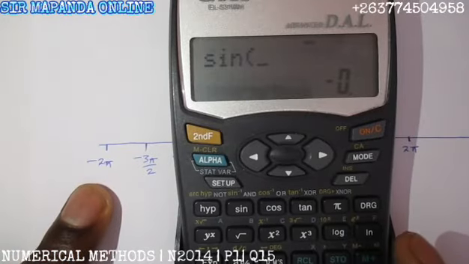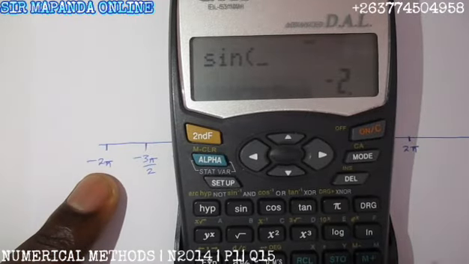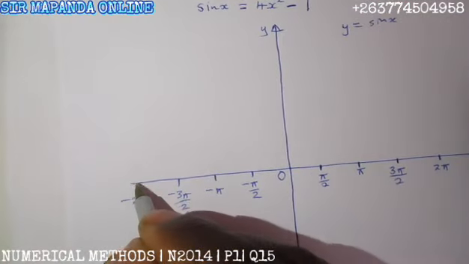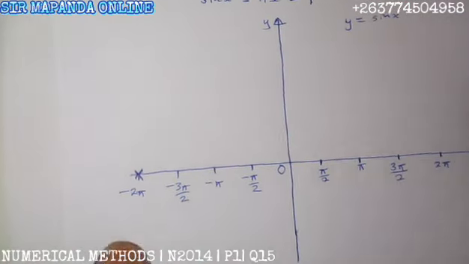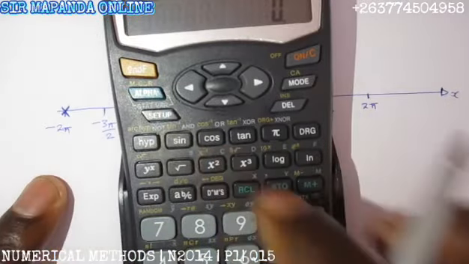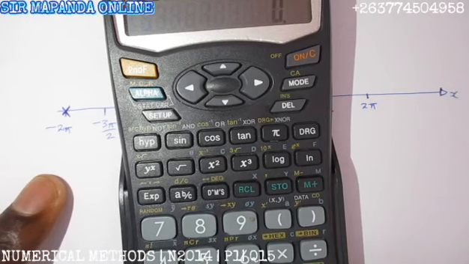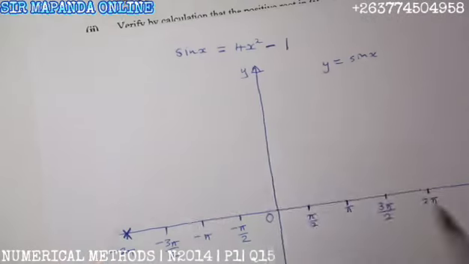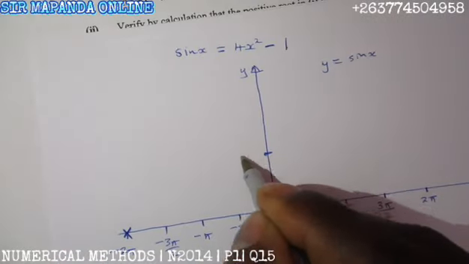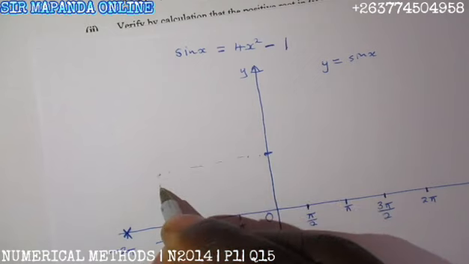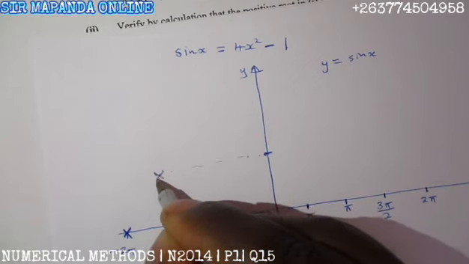So what is sin(-2π)? You get 0. So this is 0, right? How about sin(-3π/2)? You get 1. So if we have -3π/2, this is 1.